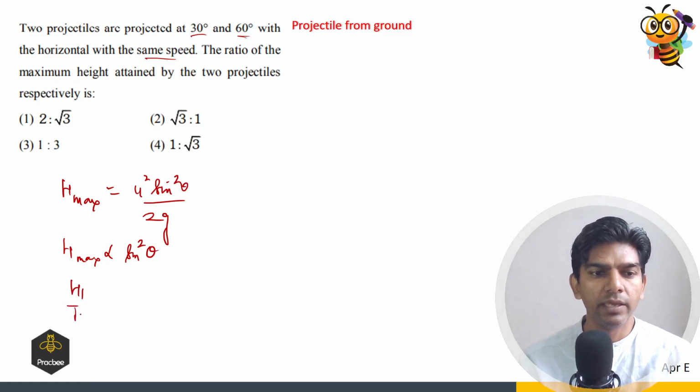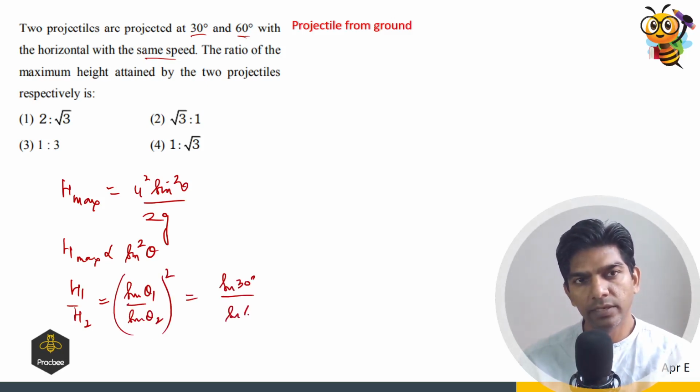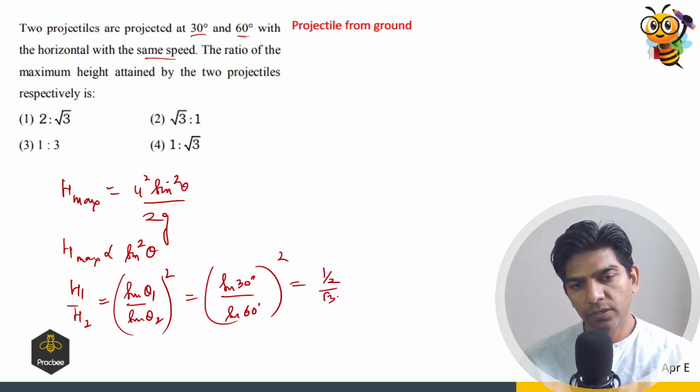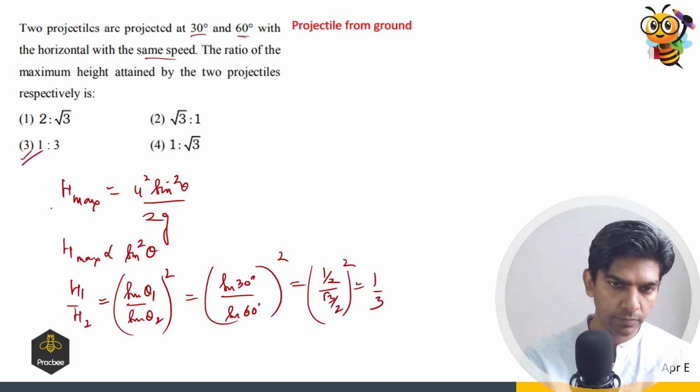So H1 by H2 will be (sine theta 1 upon sine theta 2) square. Sine theta 1 is sine 30 and sine theta 2 is sine 60. So it will be (1 by 2 upon root 3 by 2) square, so it will be 1 by 3. So option 3 is the right answer.